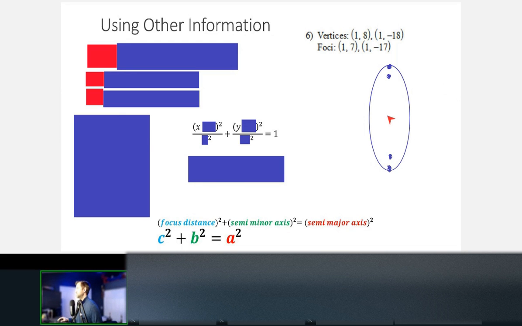Rachel says we could use the midpoint formula to find the center. We already know the x value. The x value is definitely going to be 1 for the center. But we have to find the midpoint, so we have to use the midpoint formula, which is different than the distance formula.